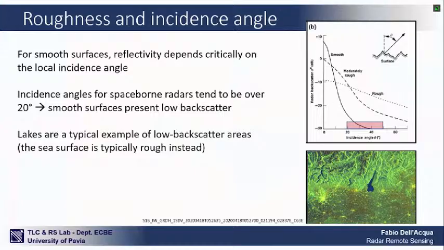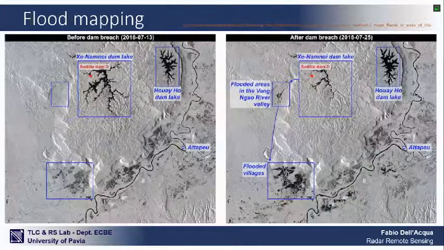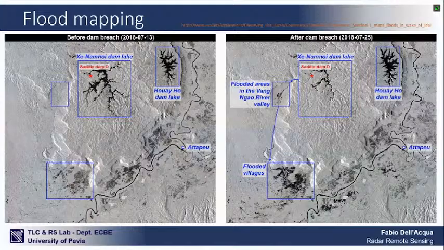Let me show you another example which relates with what I said before. This is a case where a dam break was monitored by satellite. And in this very unfortunate case, you see you had a dam whose basin is very well visible in radar satellite data because it's flat.